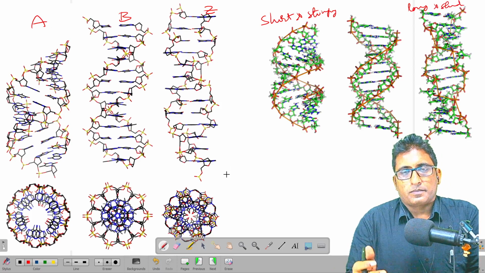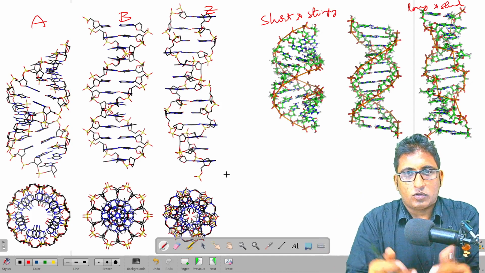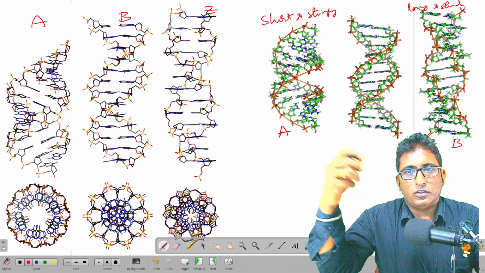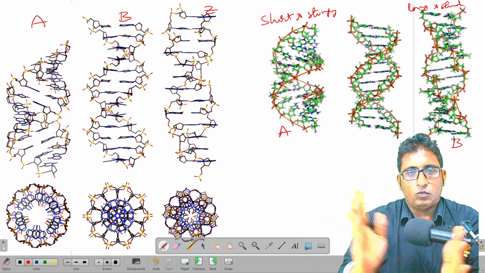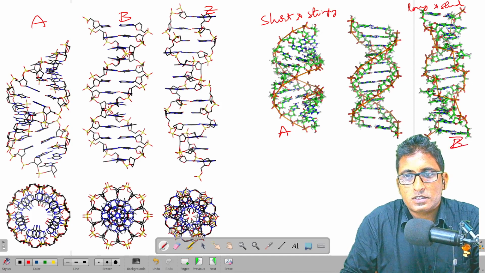What I mean is, if something is too short, it tries to widen up. That is what A-DNA is. And Z-DNA is the reverse. When you stretch it, it is a little thinner.